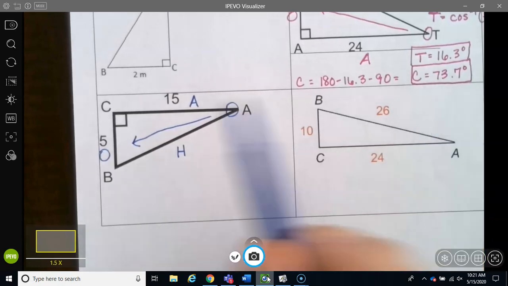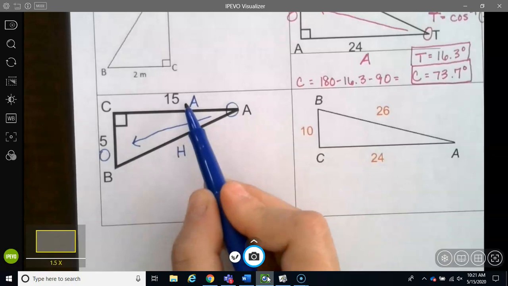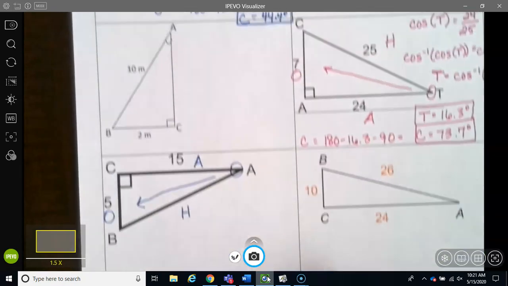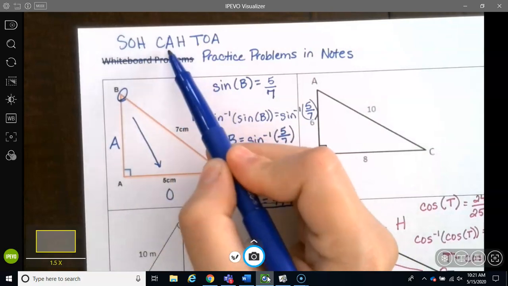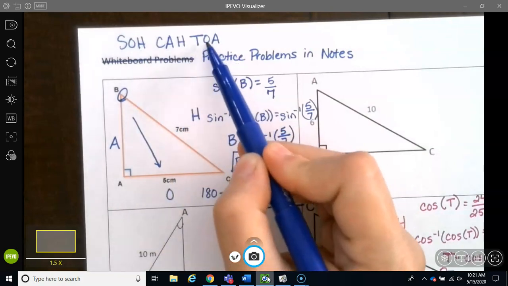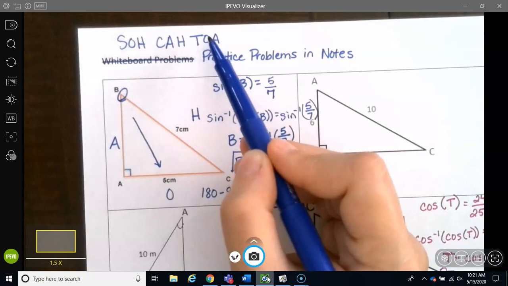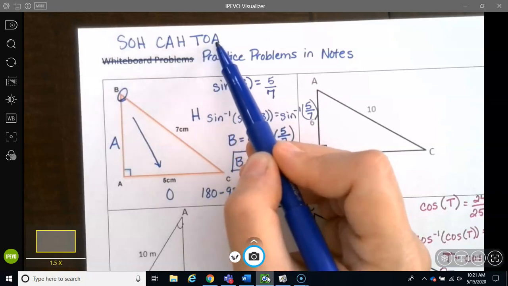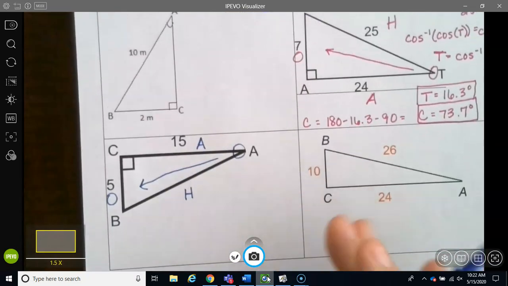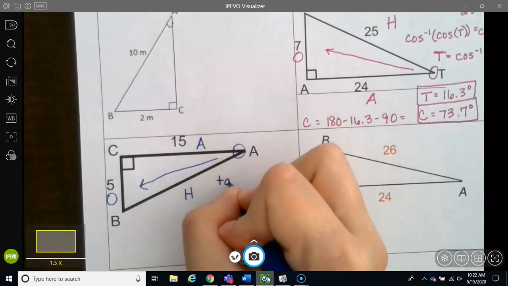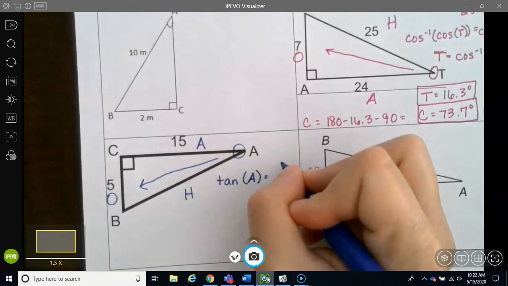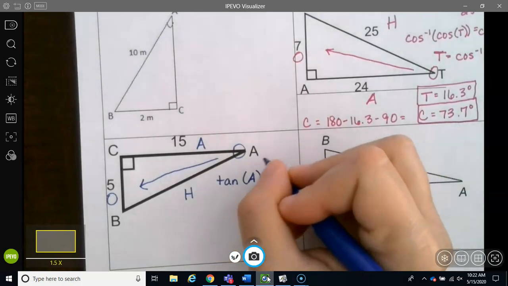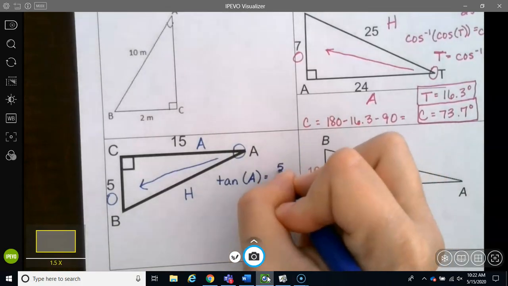Then from there, the 2 sides that we know are the opposite and the adjacent. So going back up to SOHCAHTOA, that's opposite and hypotenuse, that's adjacent and hypotenuse. Tangent is the one that uses opposite and adjacent. So it's going to be tangent equals opposite over adjacent. So tangent of A, because A is our reference angle, is the opposite over adjacent, so 5 over 15.